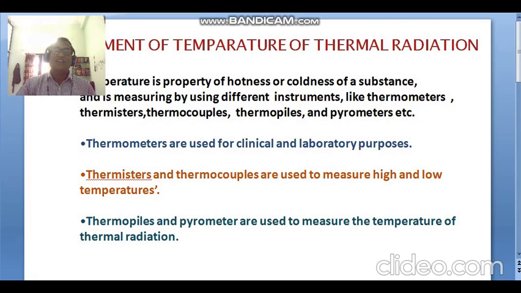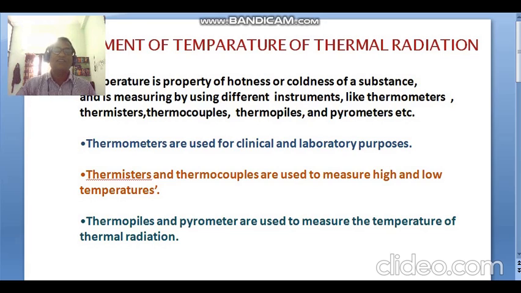Temperature is the quantity of heat, or it can be defined as either the coldness or hotness of a substance. It can be measured by using different instruments because temperature is a physical quantity that can be measured.